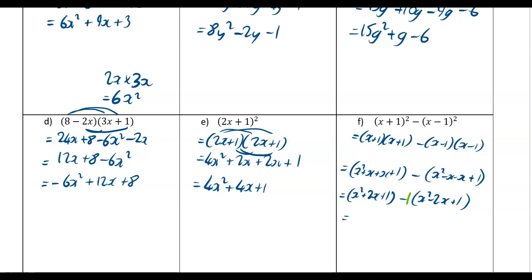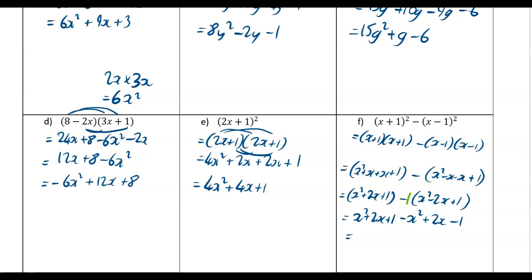So let's just get rid of the brackets. First bracket can just go. There's nothing multiplying it. Second bracket, everything in the second bracket needs to be multiplied by minus 1. So minus 1 times x squared is minus x squared. Minus 1 times minus 2x is plus 2x. And minus 1 times plus 1 is minus 1.